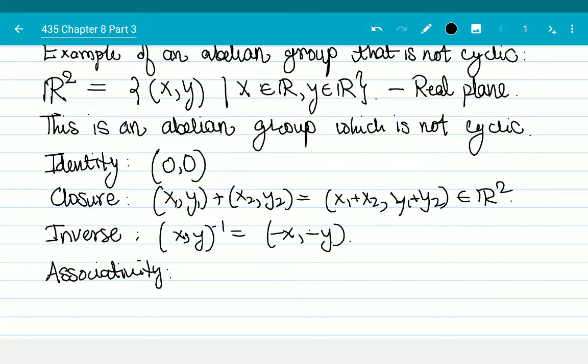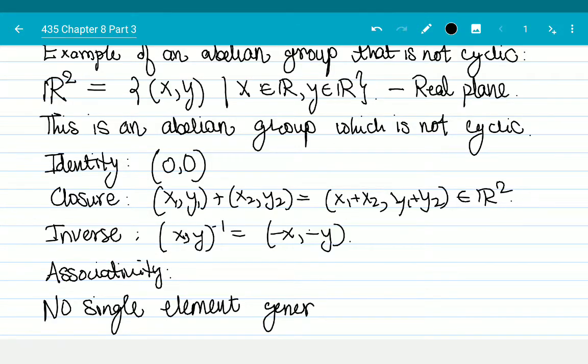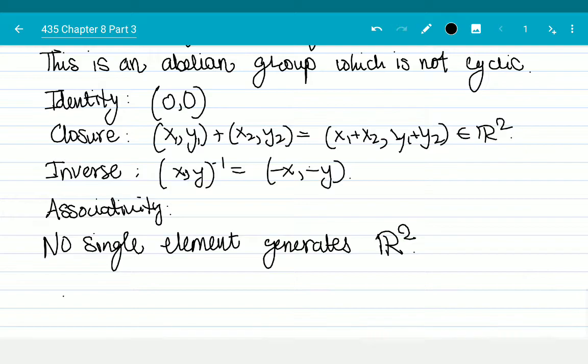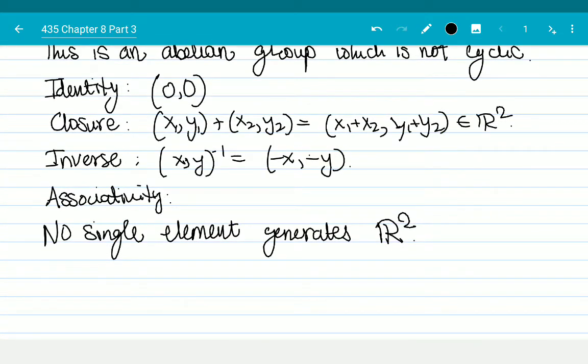Right? However, no single element generates R2. Right? Any single element is always going to generate just one line.